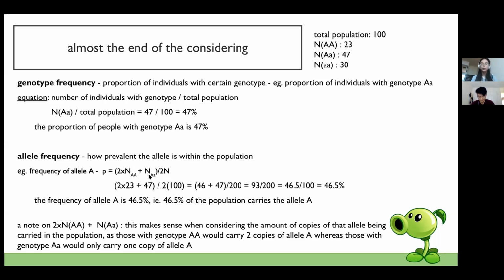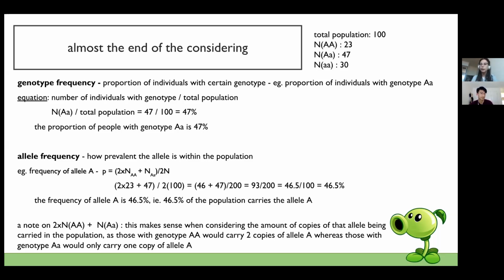Whereas people with the genotype big A, little a are only going to carry 1 copy of the big A allele. So you don't need to double that number, because for every person there's only going to be 1 big A allele. The 2n here, n standing for the total number of people in the population, you double because for every person there will be 2 alleles.